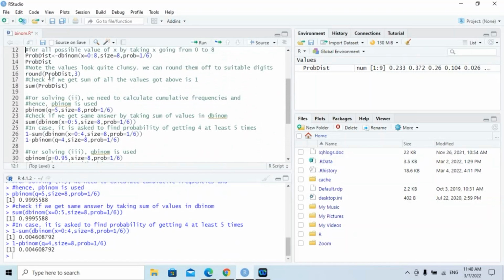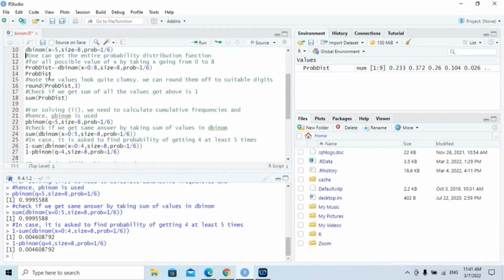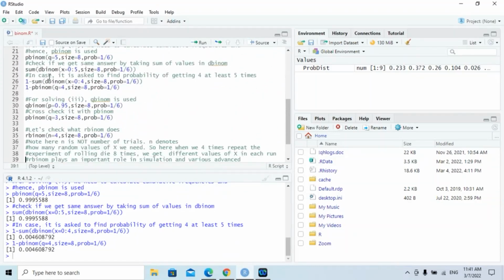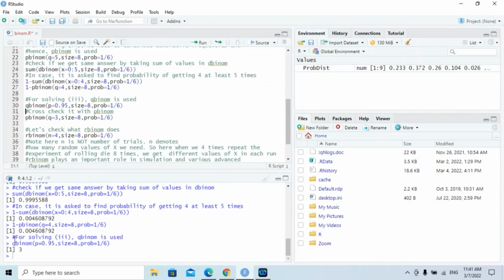And for d binom, the value of x. Okay, so I think you get this now. So let us check what we get over here. So let me run the command. So if you see this, the answer which we got is 3.